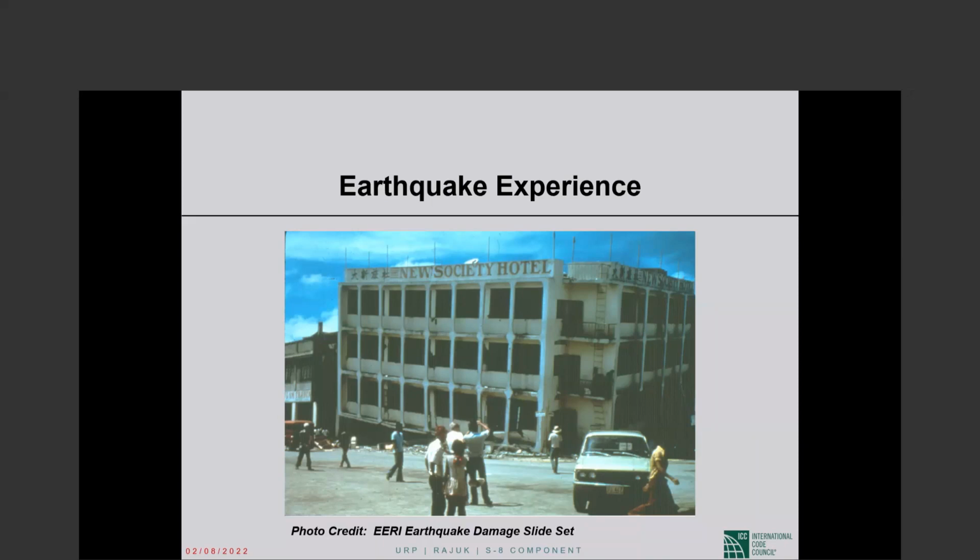The two front faces do not have walls, which means a lot of torsion. So the shear walls being stiffer will attract the earthquake forces. The earthquake forces will fail the shear walls, and then when the shear walls fail, the forces will be carried by the columns, and then they will fail, and this will be the result. This building has lost one story. If you are standing here, one full story of the building is gone.